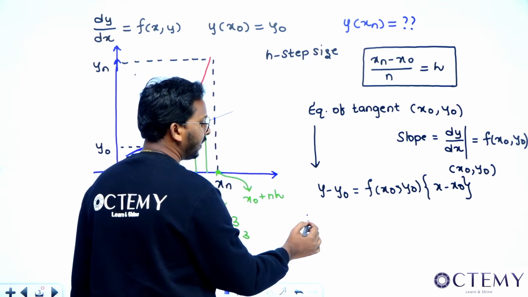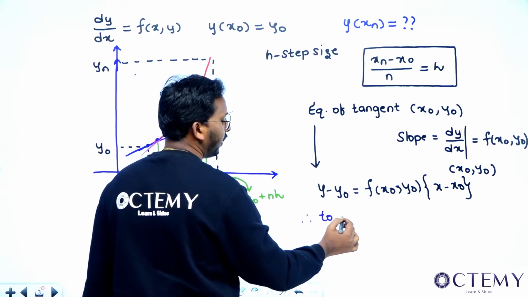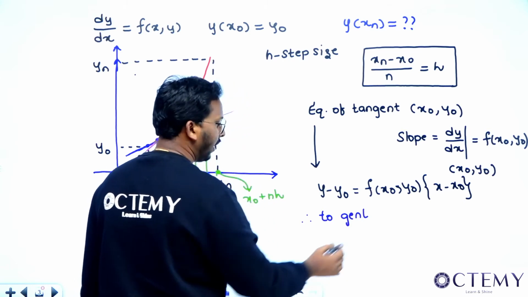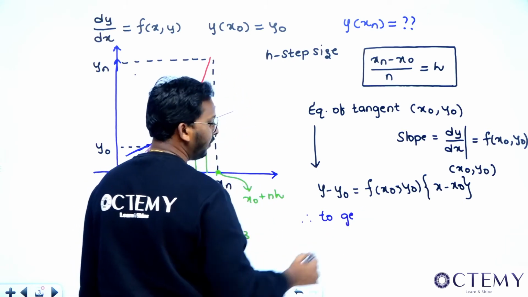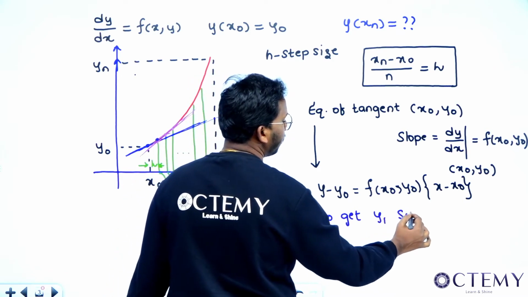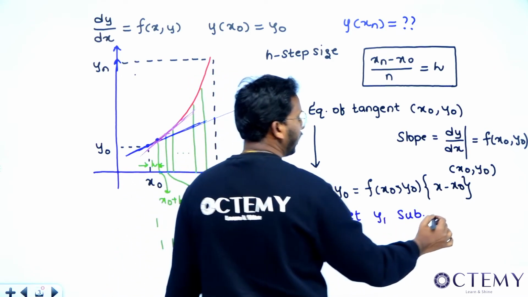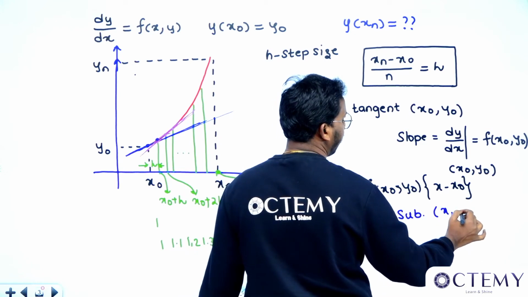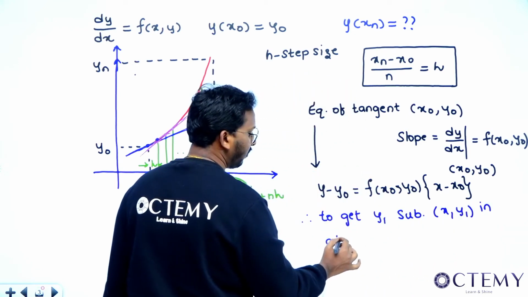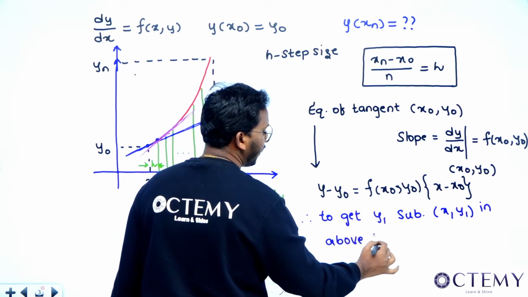Therefore, to get y1, because we want to find yn, sir, to get y1, substitute x1, y1 in the above tangent.